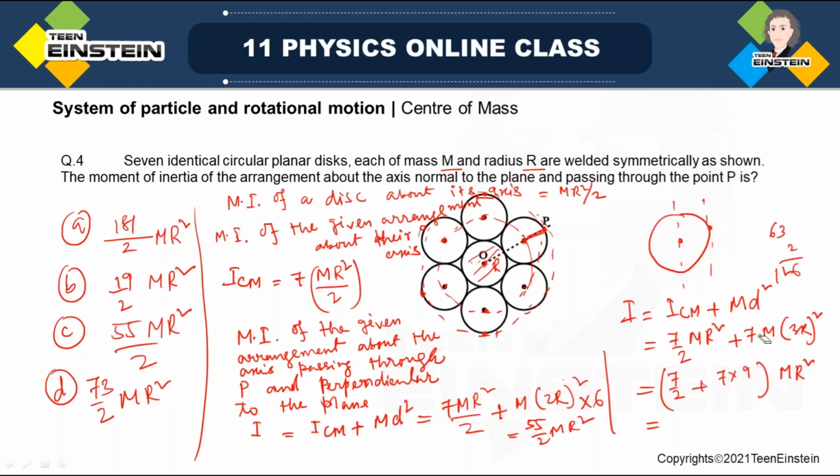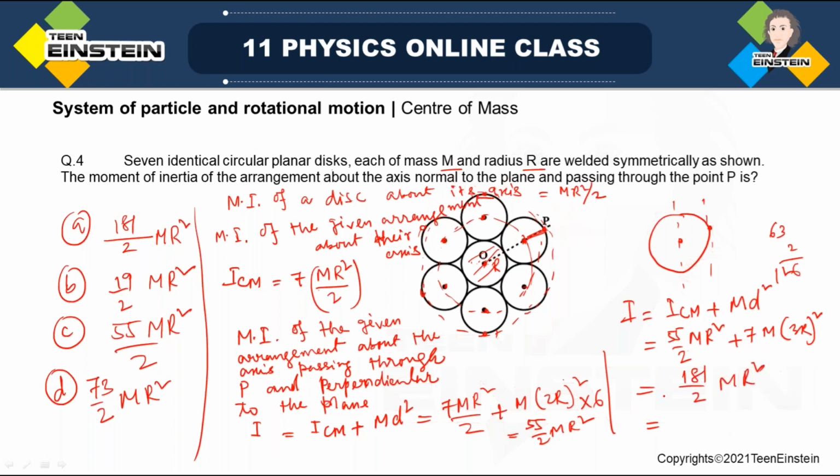Then finally this part you have to do. I'll summarize, and you might be a little bit confused. And it will actually give you 181 by 2 mr square.